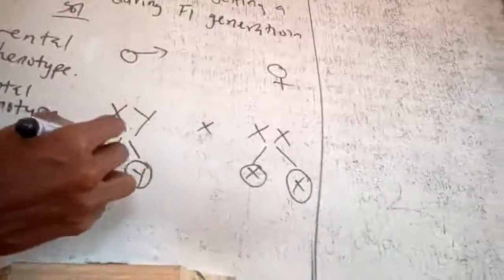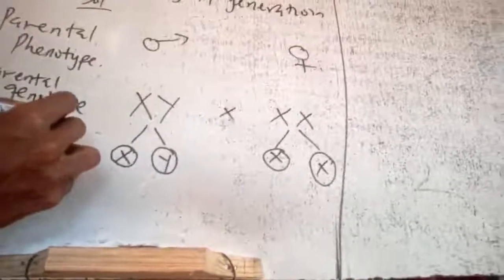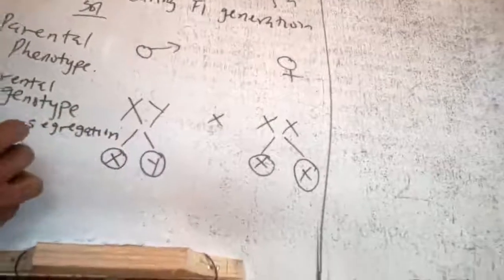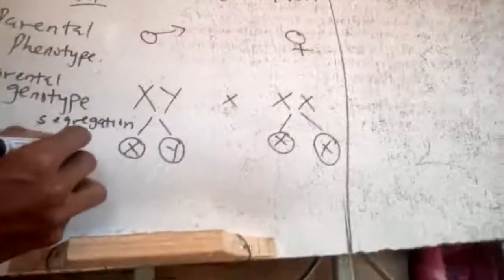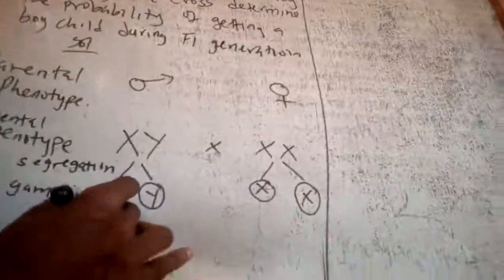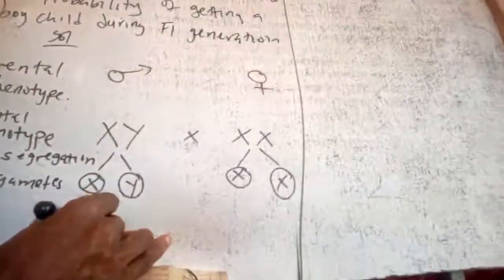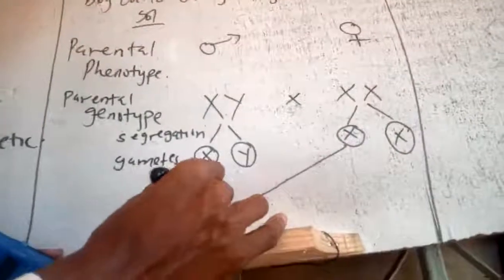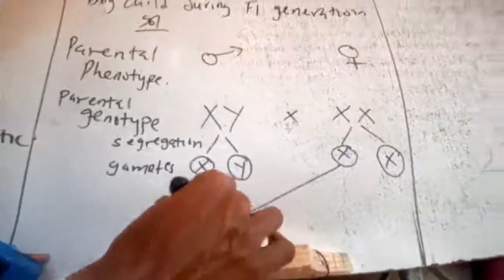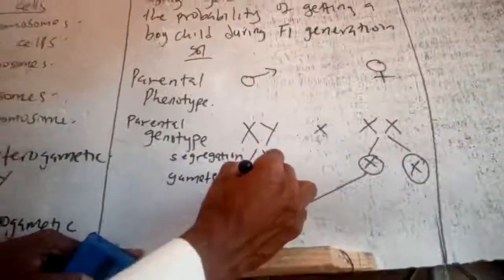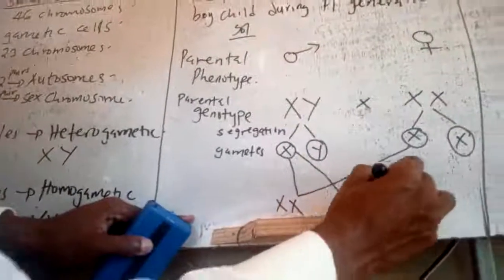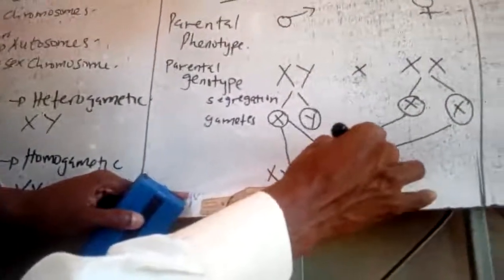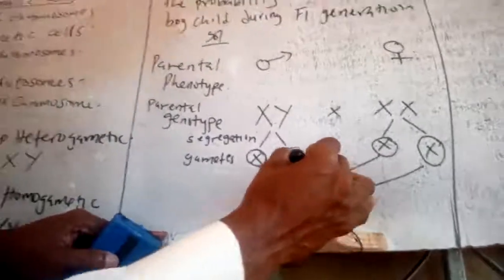This represents segregation or separation, and these are the gametes. The encircled ones represent the gametes. As far as the cross and random fusion are concerned, the first one may fuse with the second one, and you will get an X and an X. What about Y?